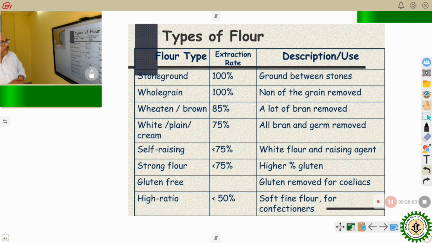Clear flour, however, as the name suggests, is a clear flour. It is actually the most unclear flour because the rate of extraction is about 72 to 75%. In case of patent flour, it is about 40 to 45%, and in case of cut-off flour, it is up to 65%.